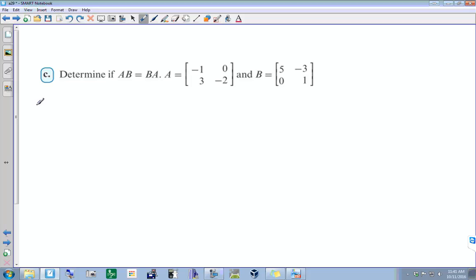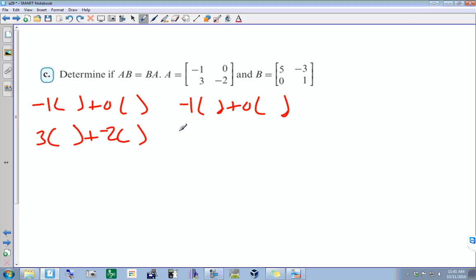So, that means I'm going to have negative 1 times something plus 0 times something, then another negative 1 plus 0 times. Down here I end up with 3 times plus negative 2 times, 3 times plus negative 2 times.